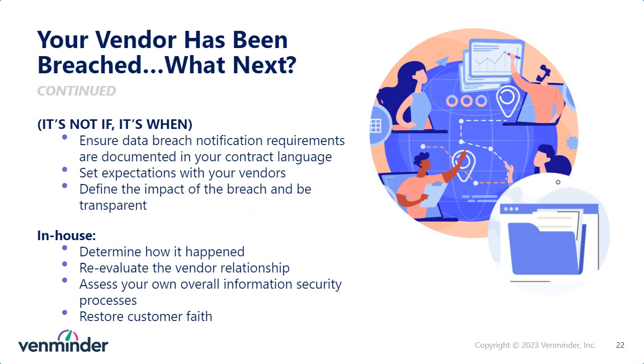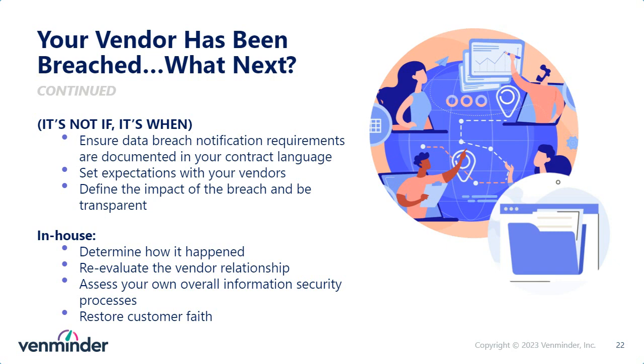So I think today we can all agree that we're not talking anymore about if there's a vendor breach. We're talking about when. Ultimately, you want to be proactive, right? So we can respond to a breach. We could talk about that as well. But being proactive is going to be your biggest defense.